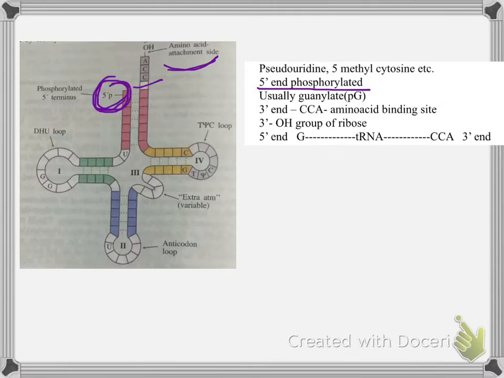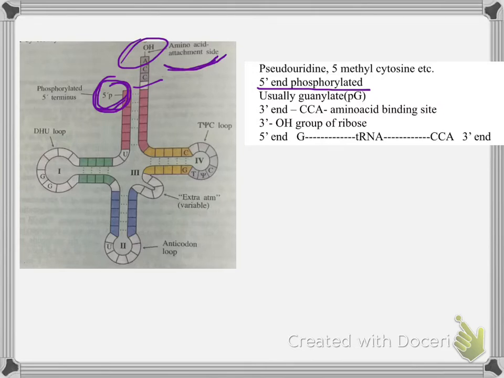The base sequence at the 3' end is CCA, and the 3' OH binds the amino acid for protein biosynthesis. So this is known as the amino acid attachment site or amino acid binding site.